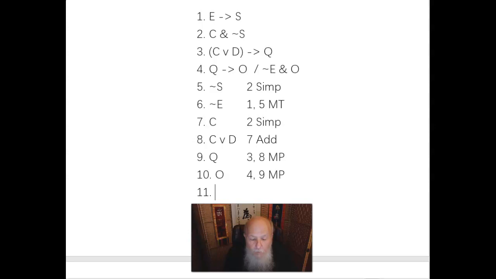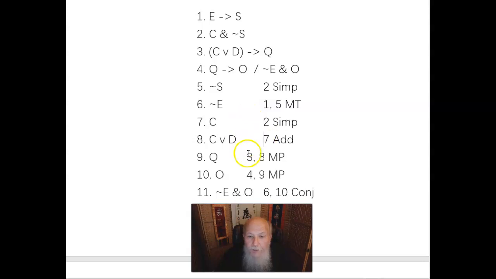Now that I have an O, I can go not E and O, and I've got that from line 6 and 10, conjunction, and then I just want all my little citations to line up neatly. So I'm going to do that. And I'm done. I've gotten from these premises to that conclusion by the method of proof.